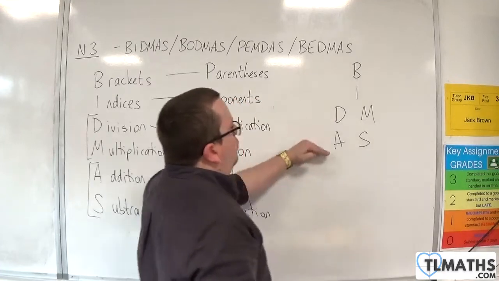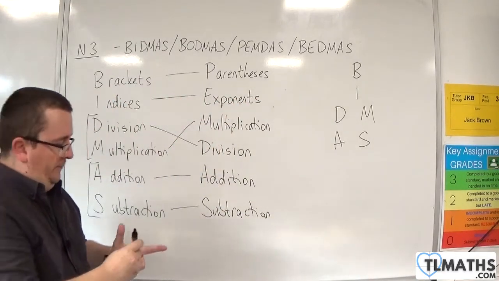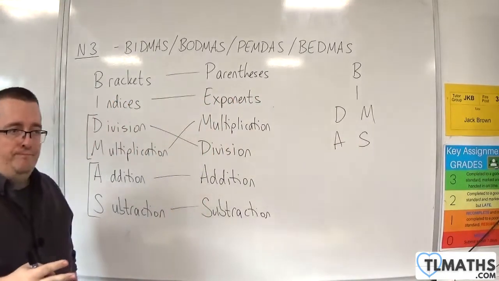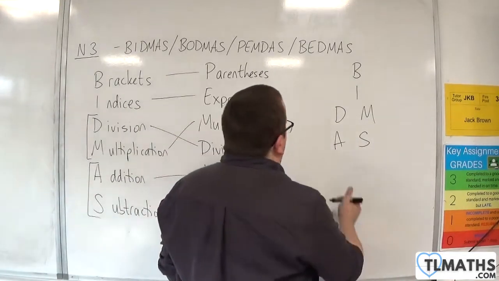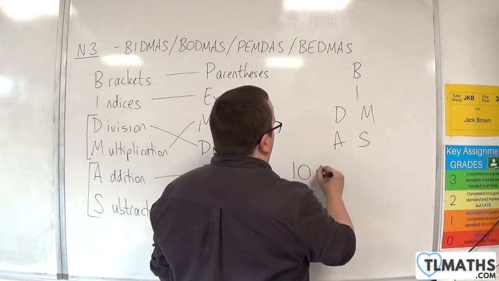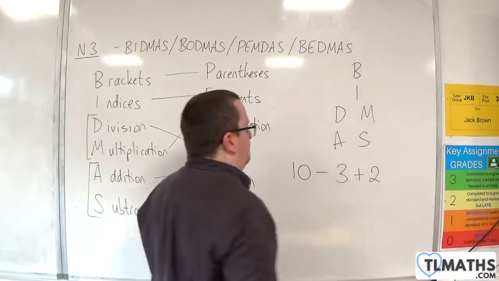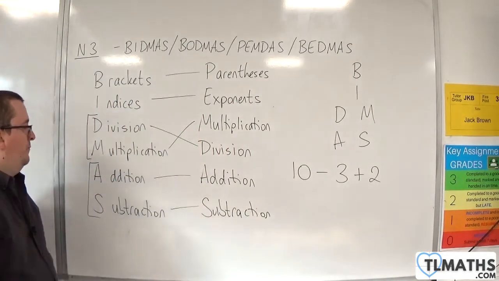So, when you're doing the order of operations, let's say we look at addition and subtraction. Let's say you've got something like 10 take away 3 plus 2. Okay, something quite basic.